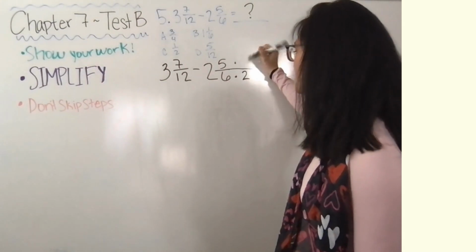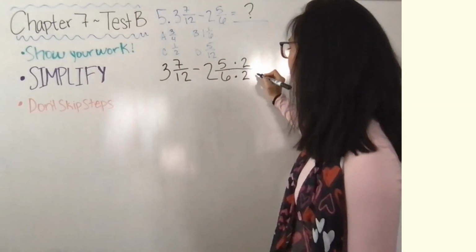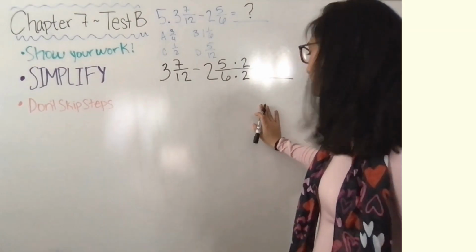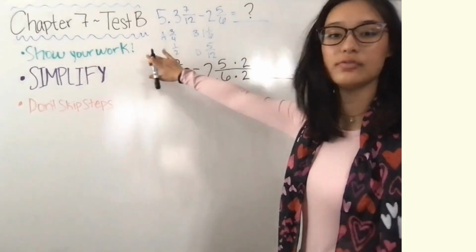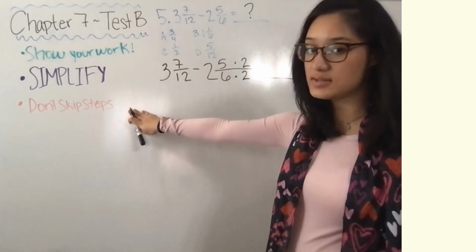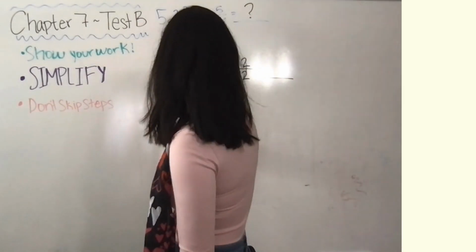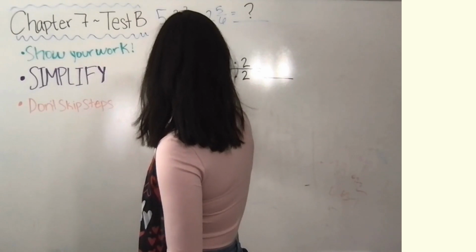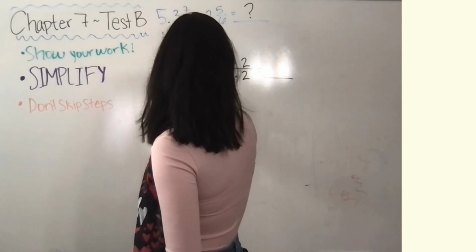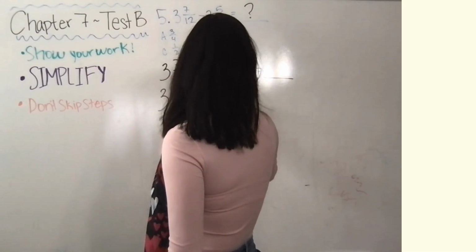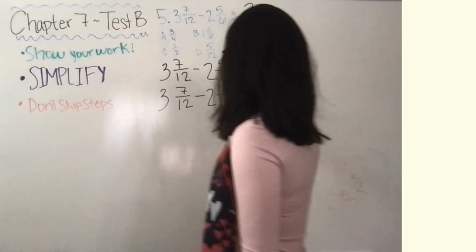And whatever you do to the bottom, you have to do to the top. This is your new problem. Now, show all of your work and don't skip any steps. And so we'll rewrite the problem as 3 and 7/12 minus 2 and 10/12.